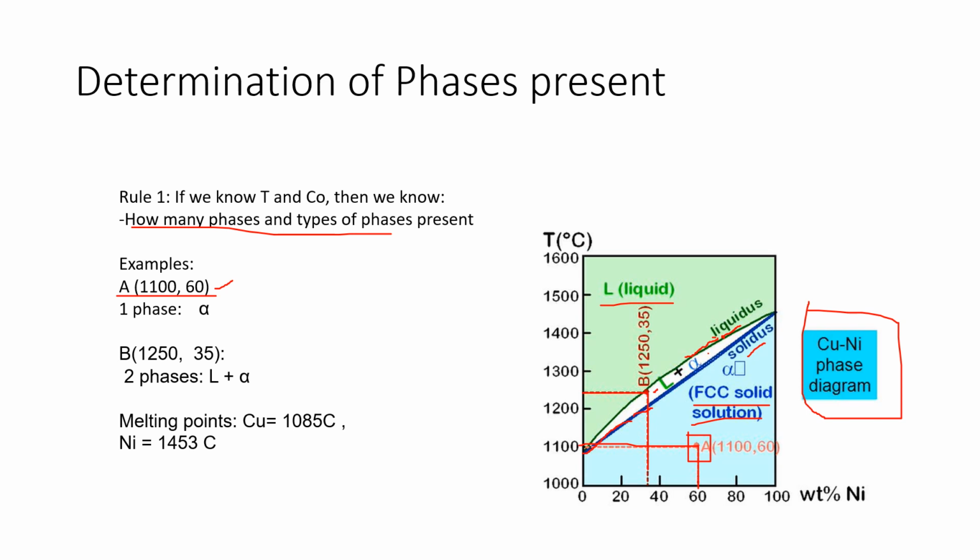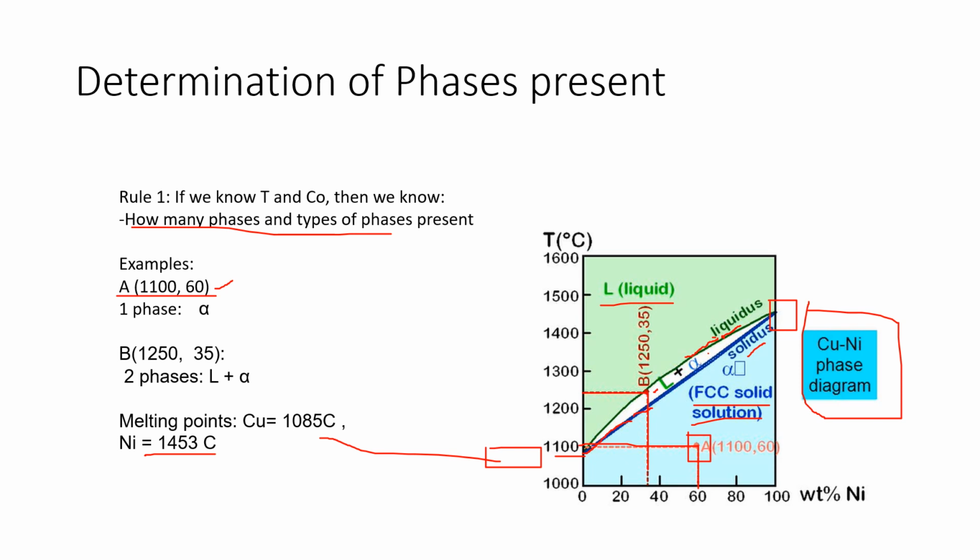Here we want to discuss the melting points of these two components. One component is copper, the other is nickel. The melting point of copper is 1085 degrees centigrade, while the melting point of nickel is 1453 degrees centigrade.